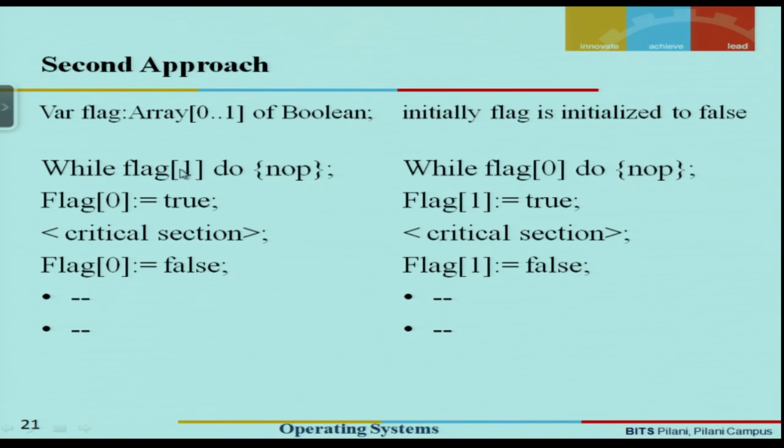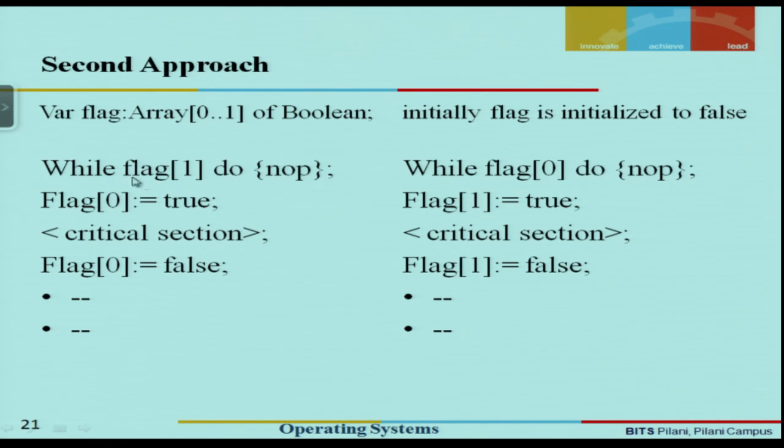If the flag of 1 is false, that essentially means that process 1 is not interested in executing the critical section, so process 0 can get inside. It finds that the flag is false. So we are saying: while flag of 1, do no-op.